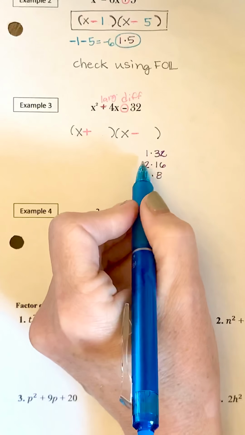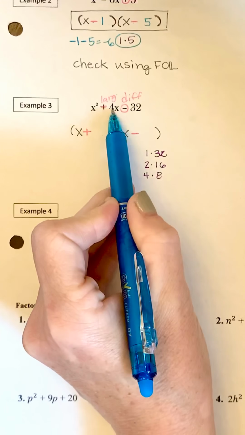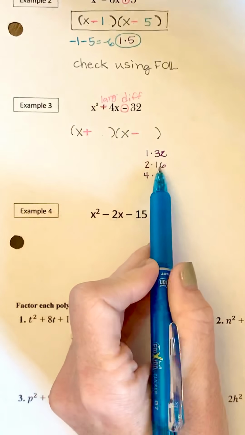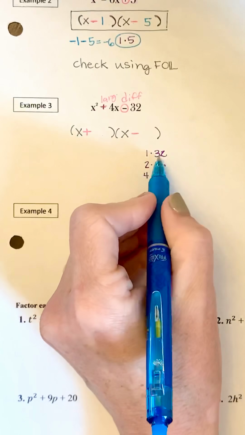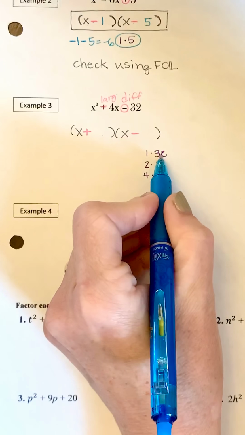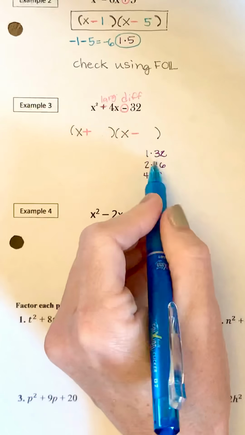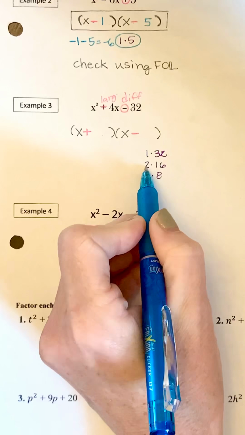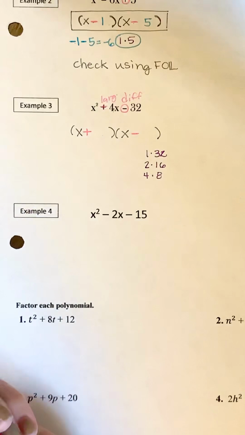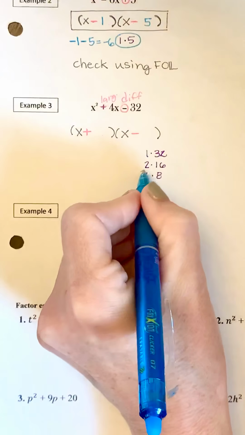Now, which factor pair will combine to give me a +4? And remember, the larger one is going to be positive, and the smaller one will be negative. So a +32 minus 1 will give me 31. That's not the middle term. A +16 minus 2 will give me 14. That's not the middle term. A +8 minus 4.